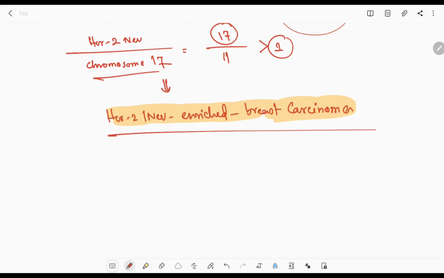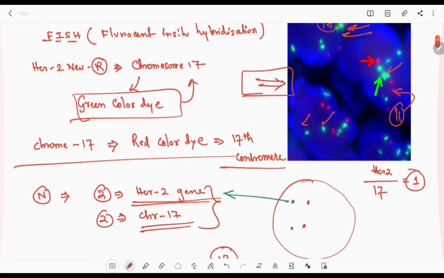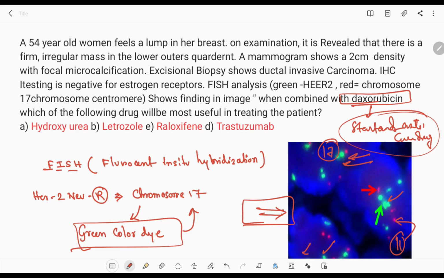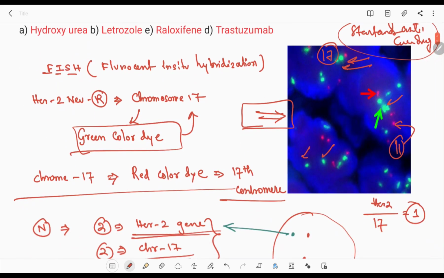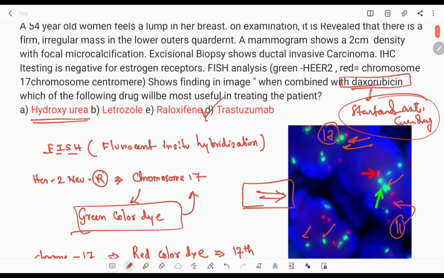Now come to the treatment to target this HER2 neu receptor. Here doxorubicin is given, a standard anti-cancer drug, and we have to add a targeted anti-cancer drug against the HER2 receptors, and for this reason we prescribe trastuzumab.